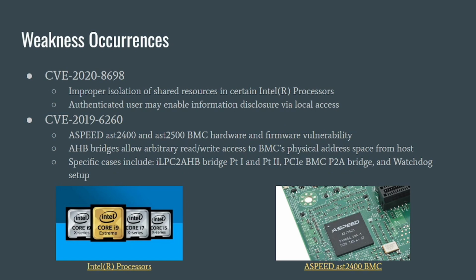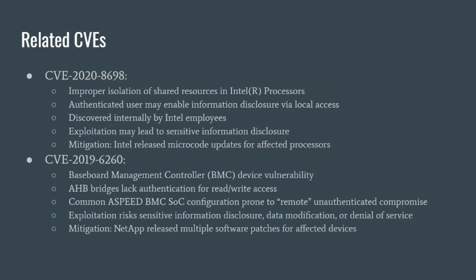And CVE 2019 6260, the ASPEED AST 2400 and AST 2500 baseboard management controller hardware and firmware implement advanced high performance bus bridges, which allow arbitrary read and write access to the BMC's physical address space from the host. This CVE applies to the specific cases of iLPC2AHB Bridge Parts 2 and 1, PCIe BMC P2A Bridge, and Watchdog setup.